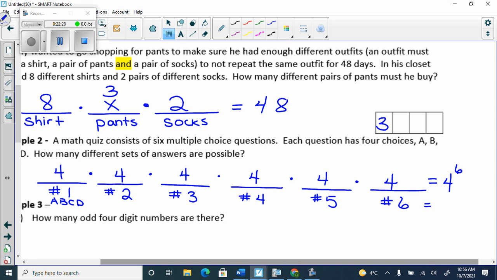How much is it? 4,096. Should be larger than that. No, that's what I put in. Maybe it is. 4 to the power of 6.